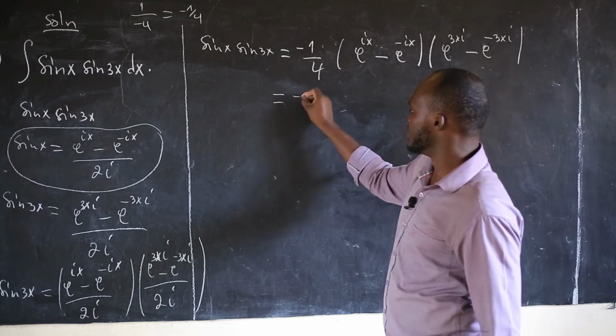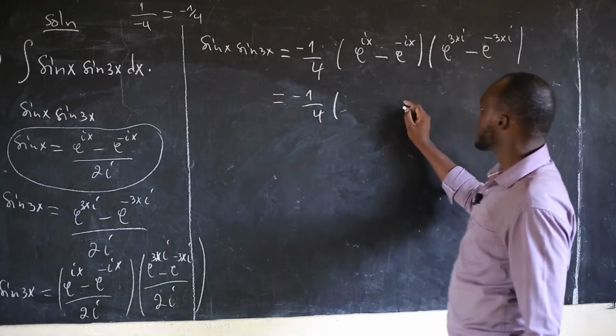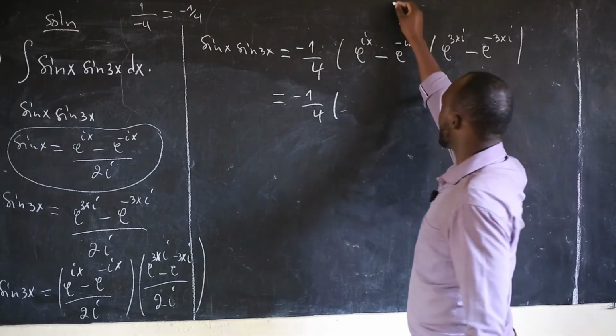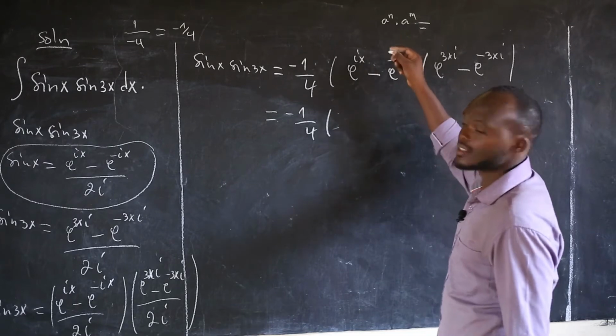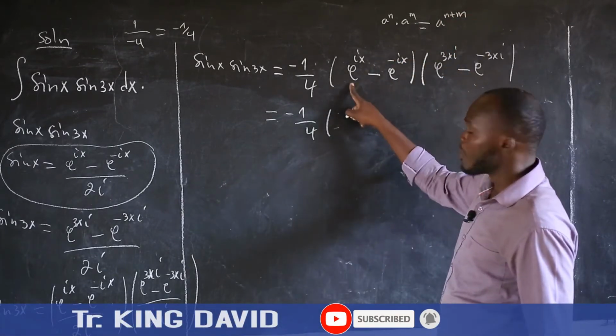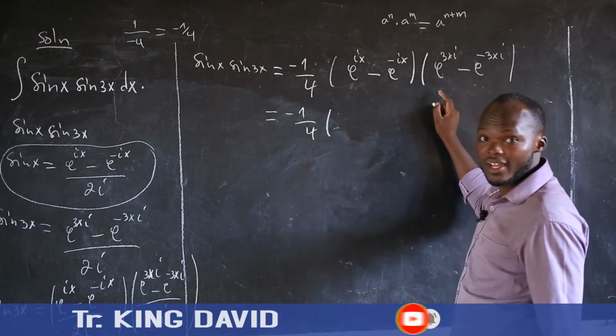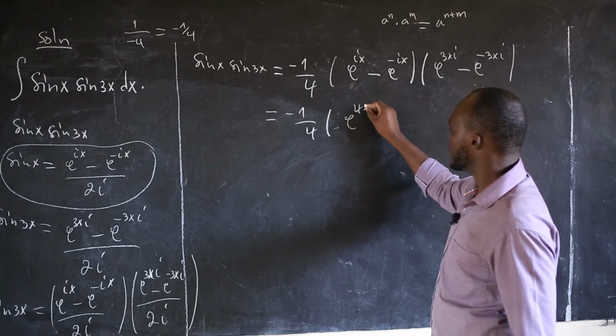So the answer is negative 1 over 4. This one times that, we add powers. You know, when you have like a power n times a power m, since they have the same base, we add powers. So e power ix times e power 3xi, we add powers, we get e power 4xi.